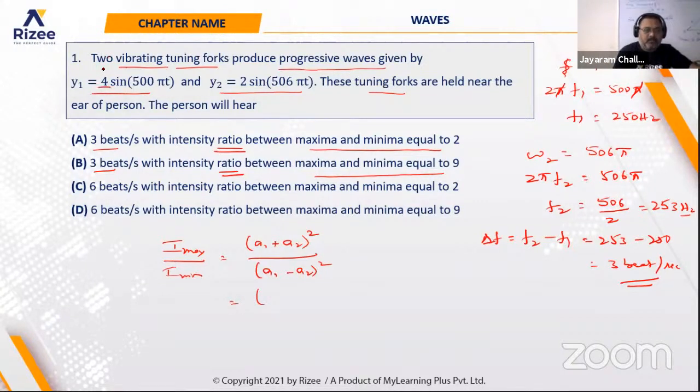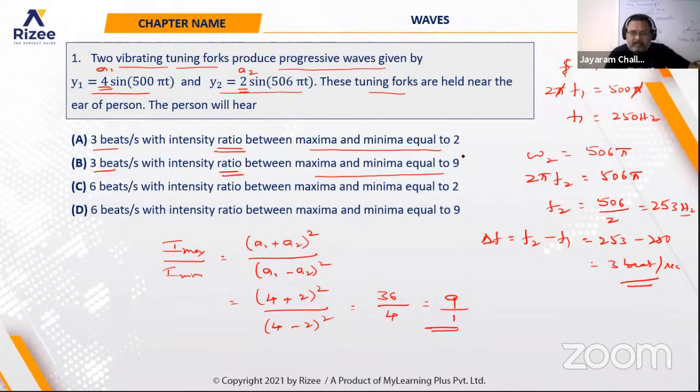A1 is going to be 4 and A2 is going to be 2 here. So that means it is (4 plus 2) whole square by (4 minus 2) whole square, which is 6 squared, 36 by 4, that is equal to 9 is to 1. So this is your answer. B will be your option.